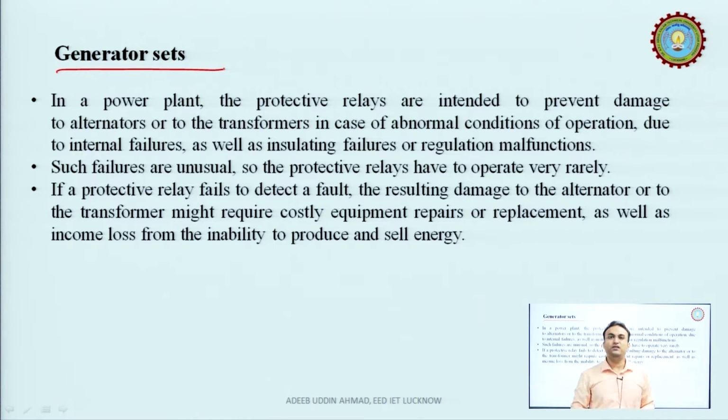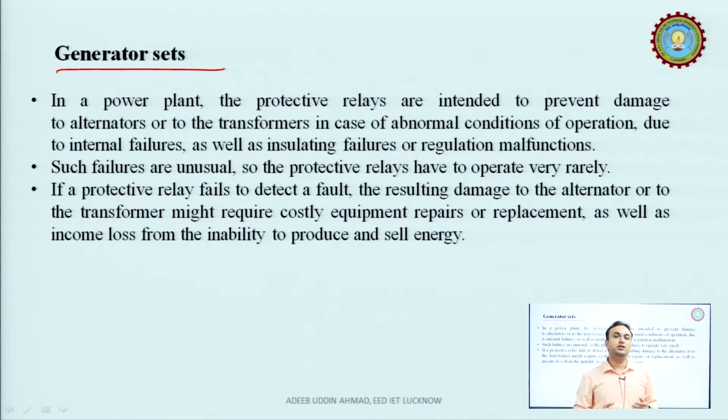If a protective relay fails to detect a fault, the resulting damage to the alternator or the transformer, because both are very costly, might require costly equipment repairs or replacement. This is not wanted, because we do not want to pay such a huge amount of money for replacing the transformer and the generator, since this will turn into income loss and inability to produce and sell energy.